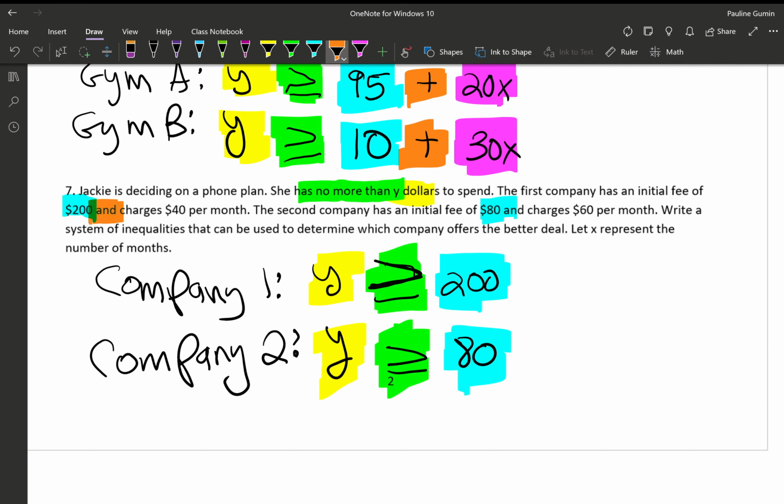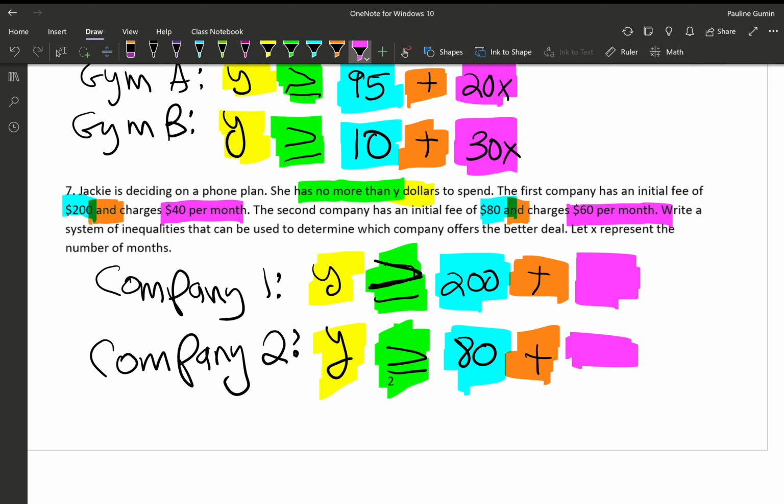Then, and both of them charge more, so plus. Company 1 charges $40 a month. Company 2 charges $60 a month. So it's a choice between spending a lot initially and then saving some money every month, or spending a little money initially but paying $20 more a month.